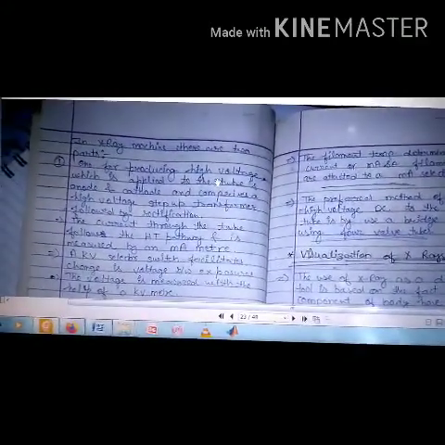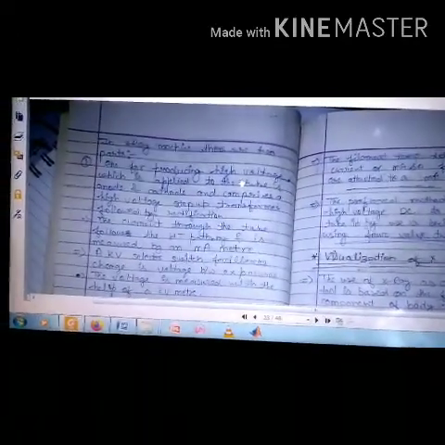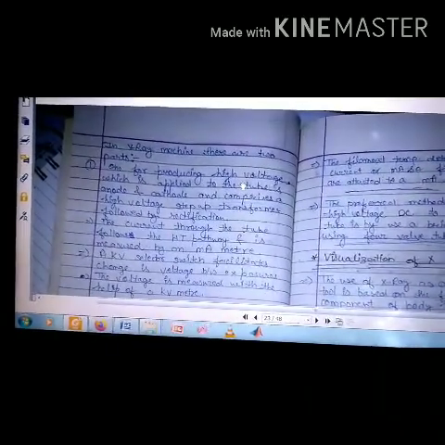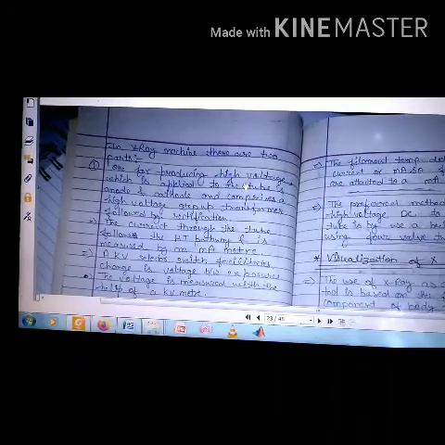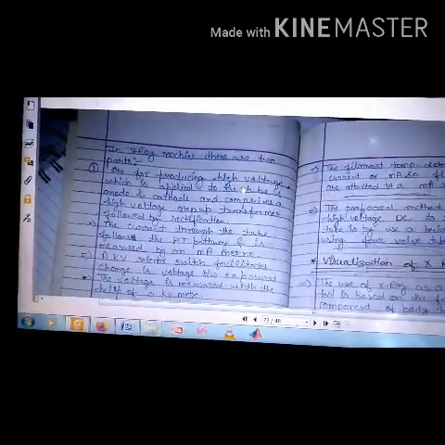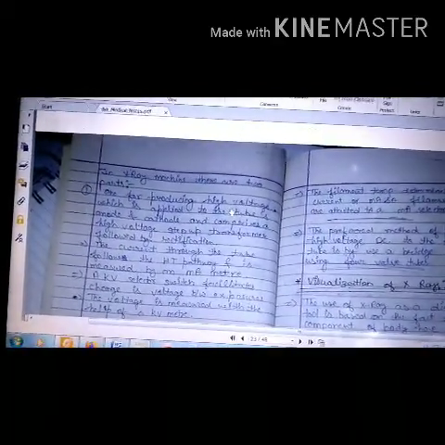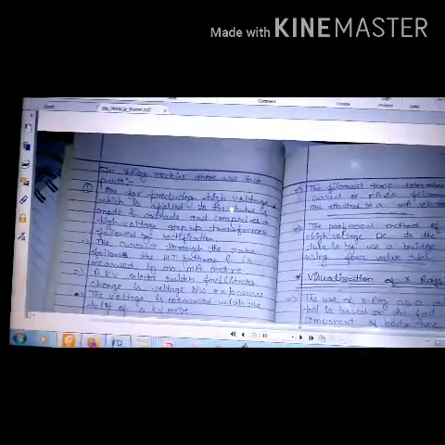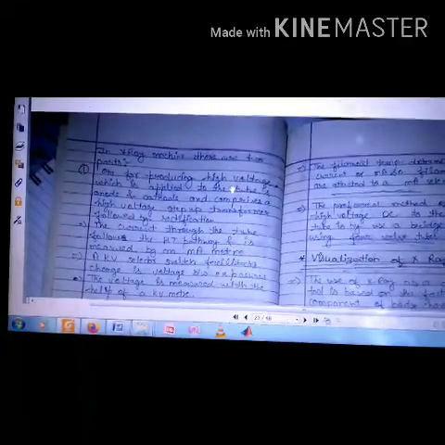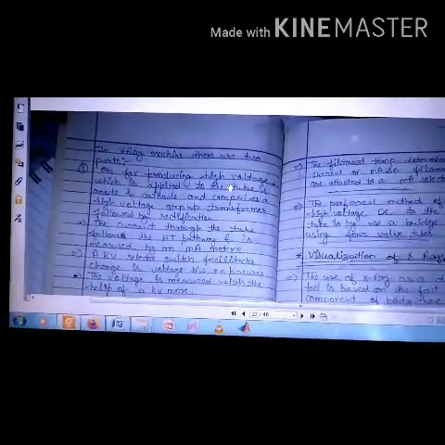Let us look at the important parts of an X-ray machine. The first part produces the high voltage applied to the anode and cathode of the tube, and comprises a high voltage step up transformer followed by rectifiers. We need a very high voltage in X-ray machines, therefore step up transformers keep increasing the voltage, and thereafter it is rectified.